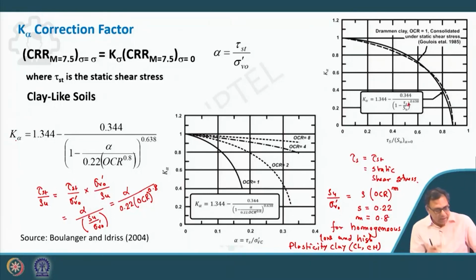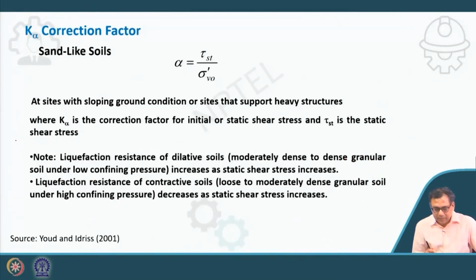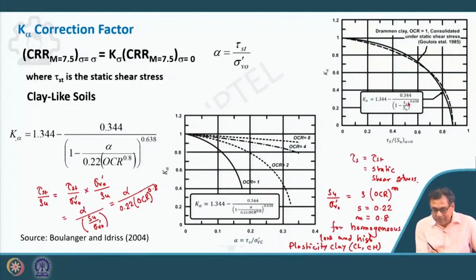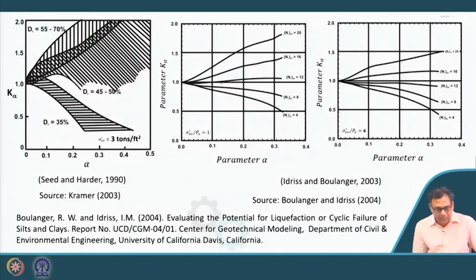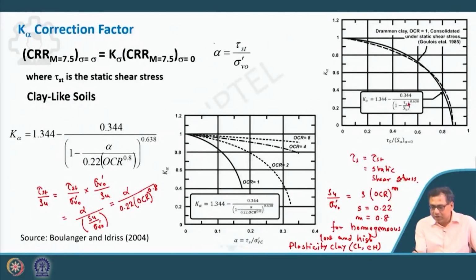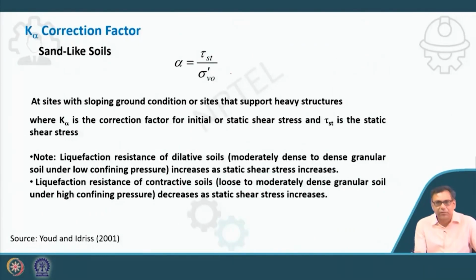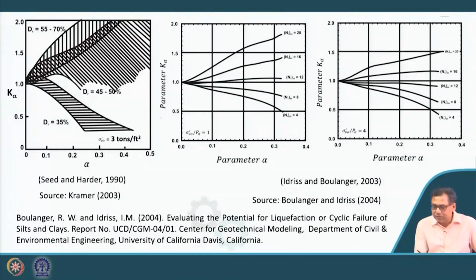Okay, so the K alpha part is clear. Similarly, this is for clay-like soils. For sand-like soil, these are the expressions, and if you calculate alpha, here also you have to calculate alpha, and then you can use these charts that I have already discussed in my previous lectures.